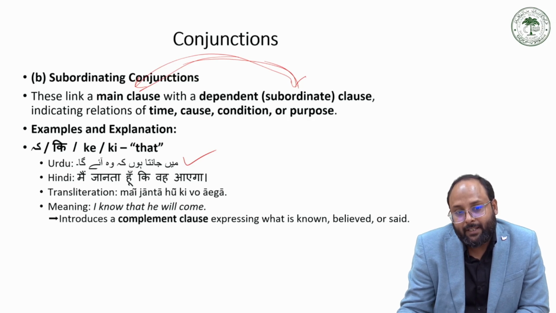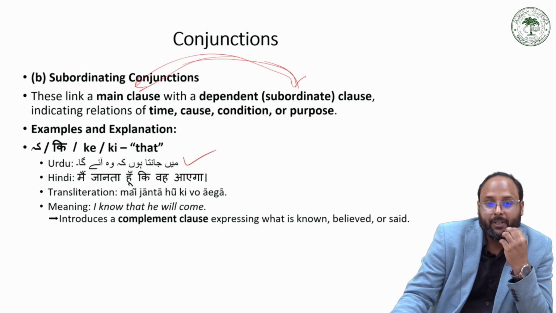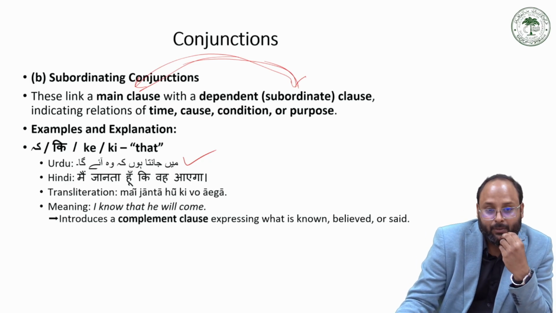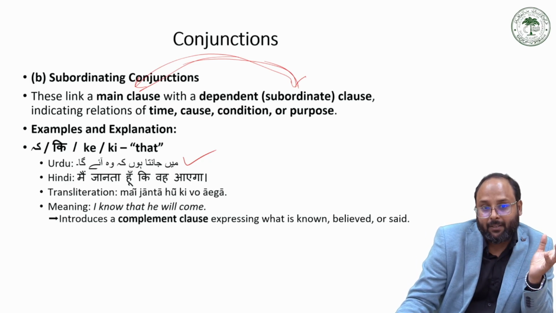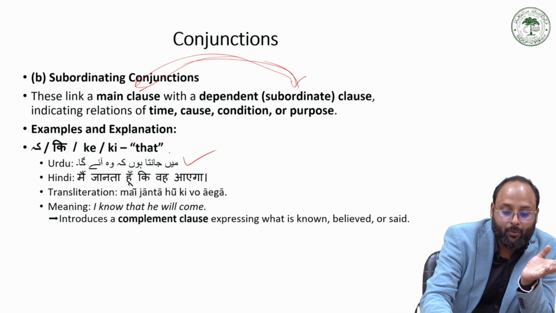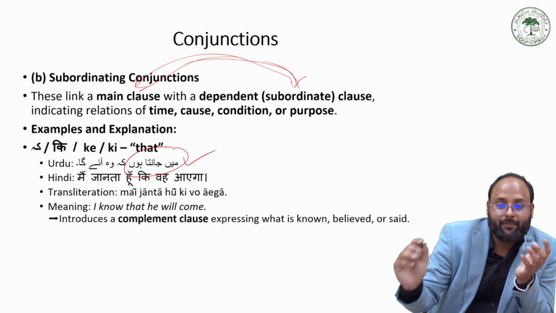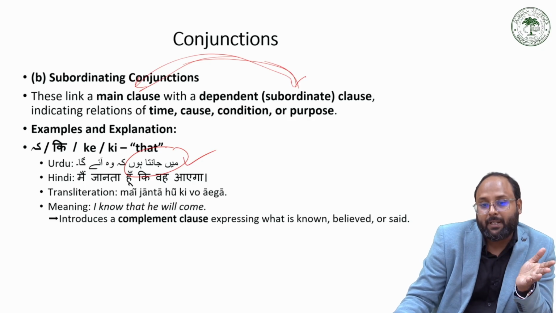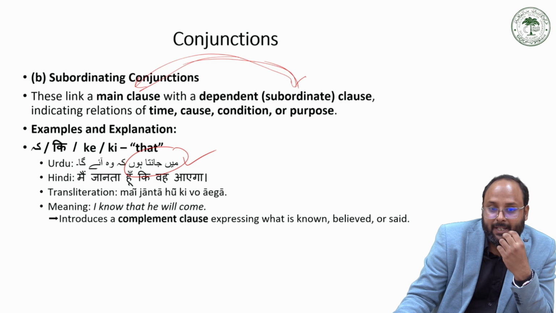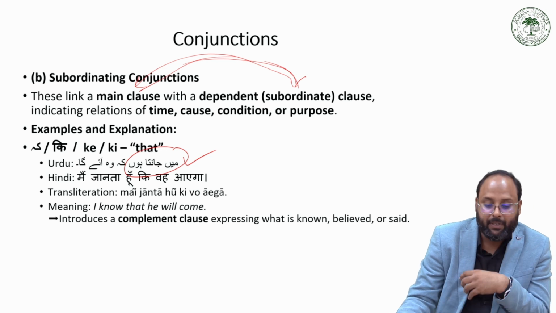It introduces the complement clause. कि वो आएगा is the dependent clause, and with the main clause मैं जानता हूं it gives the full meaning, expressing what is known, believed or said. So it is the complement clause.